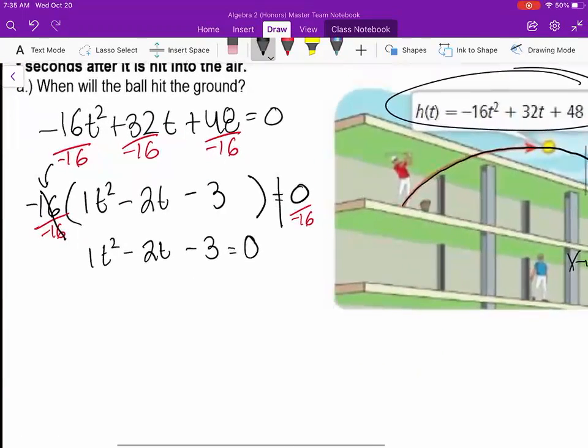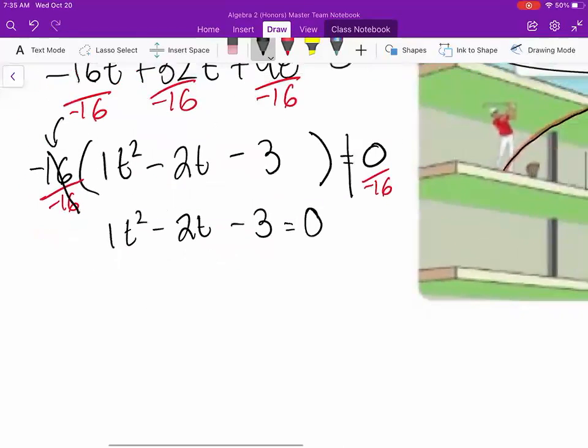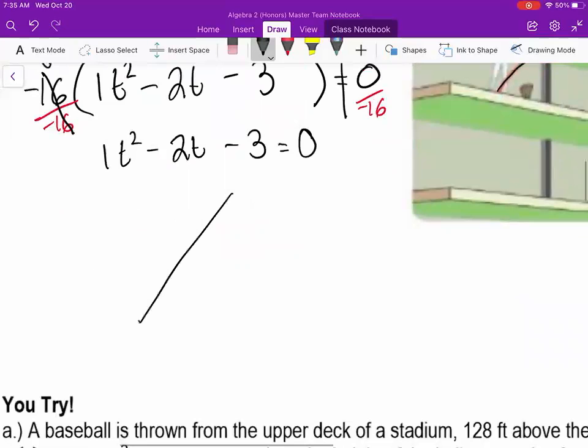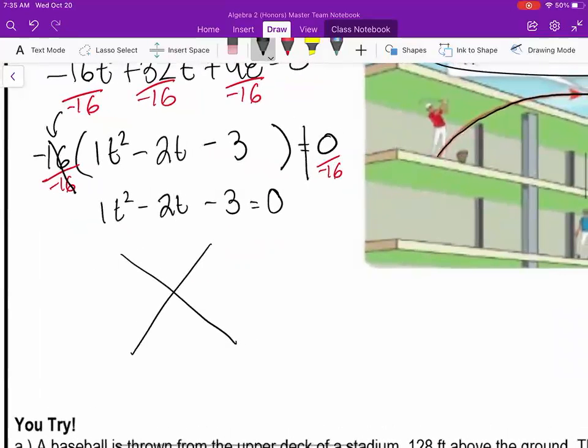So now my equation is much, much easier. I can go ahead and factor this out. So I'm going to do the emoji method. This is going to be your a times your c, and this is going to be your b value. So 1 times negative 3 equals negative 3, and my b value is negative 2.